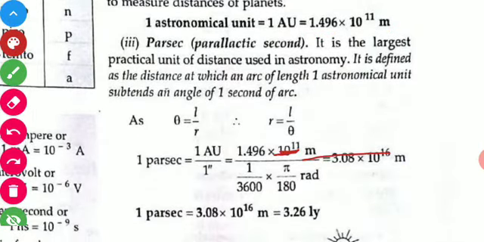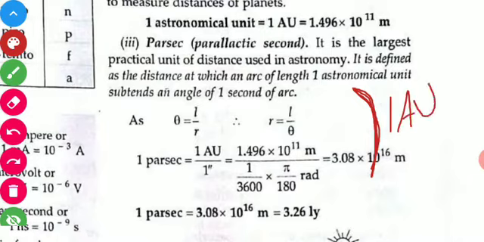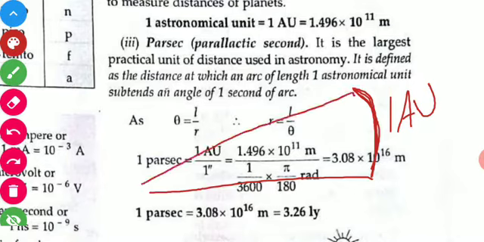After that, our third unit is the parsec. So students, this is the largest unit of distance. So basically, what is the parsec? Students, if we make an arc and the length of the arc is 1 AU, and we know that an arc always makes an angle.